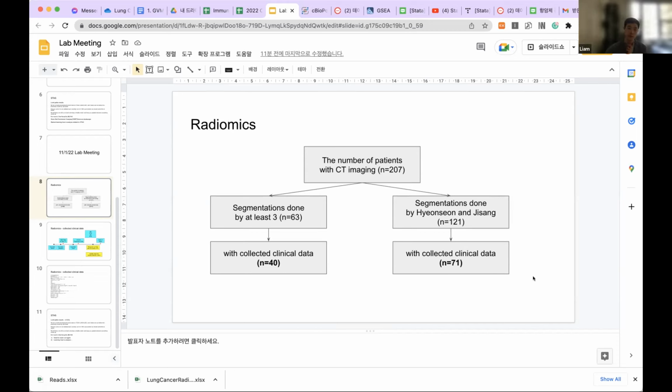Did we hear from Yuri about what happened with the fellows' segmentations? Not yet, right? Not yet, yeah. Okay. So this 63 is included in the 121? Correct. Okay. So for AACR, we're going with 71.